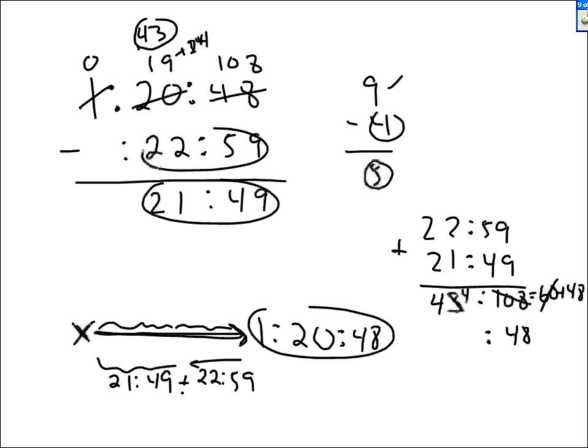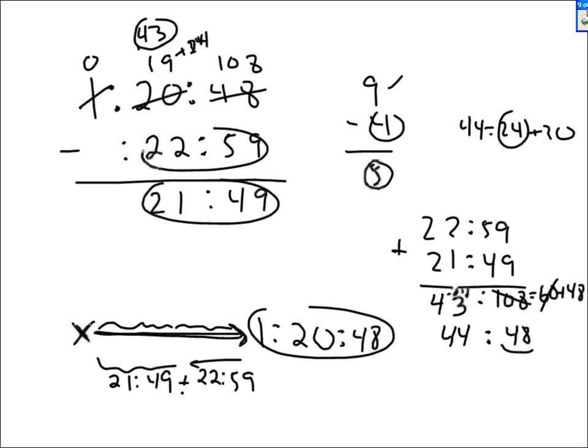In fact, why don't we do that? Let us keep this as 43, but I carry over a 1. So now I have 44 hours. Okay, the minutes are fine, it's less than 60. But the hours are too much. 44 hours is 24 hours plus 20.